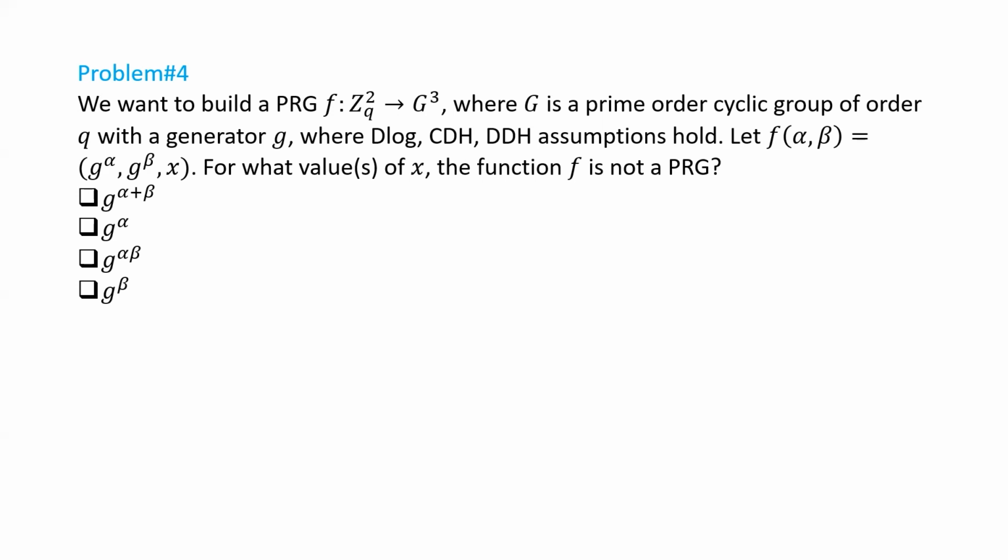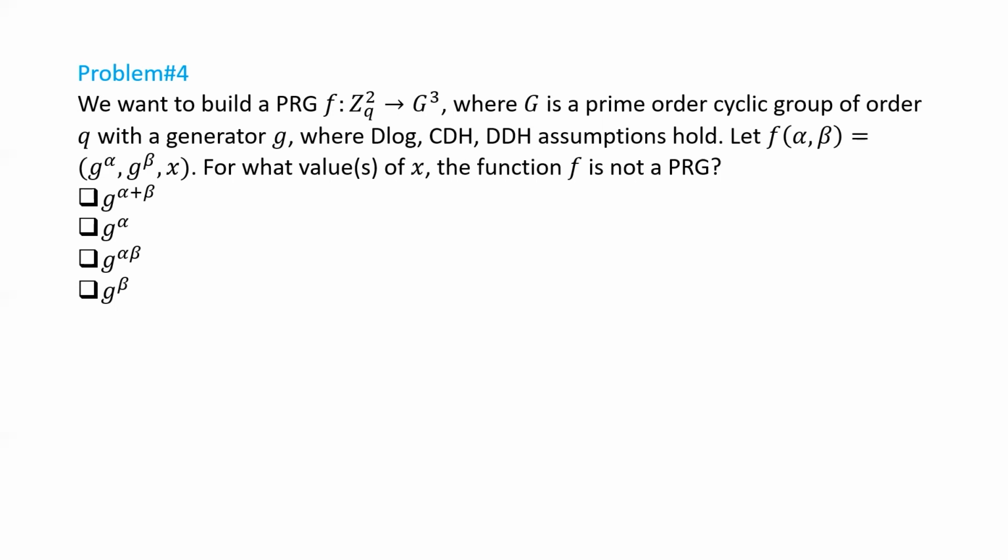So the adversary can easily check whether the third component is the multiplication of the first two components or not. If it is, then it will return that, okay, I am interacting with a PRG, a pseudo-random generator. And if it is not, then it will say that I am interacting with a truly random generator. With this approach, the adversary is always able to distinguish these two cases with non-negligible probability. So the first option is not correct. It will not be a PRG.